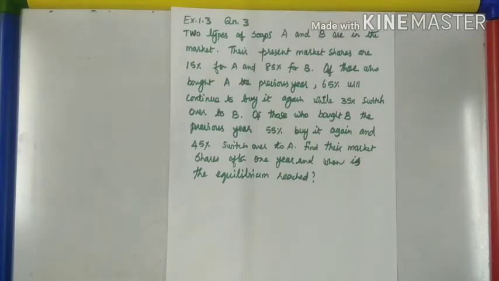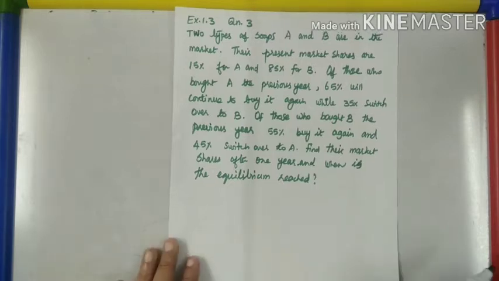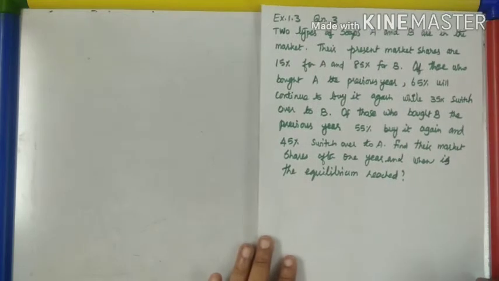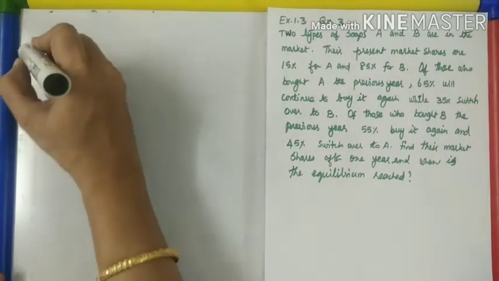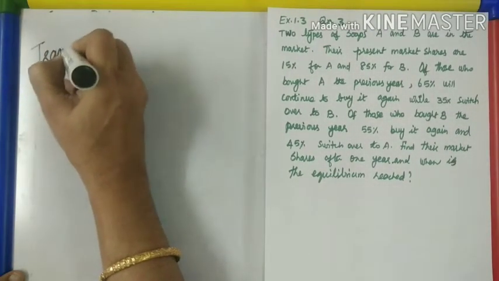Exercise 1.3, question number 3. Two types of soaps A and B are in the market. As I read the words two types of soaps, I will immediately write the transition probability matrix.